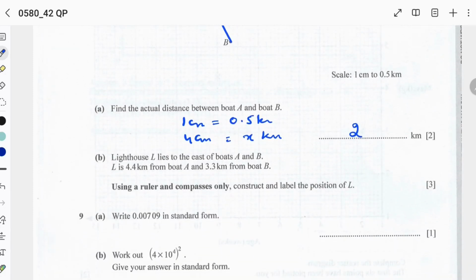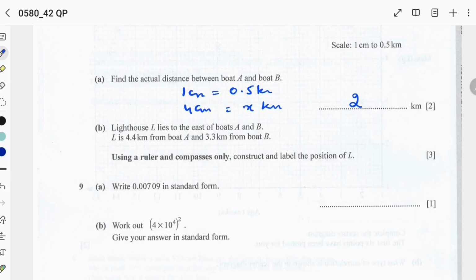The next part, the lighthouse L lies to the east of the boat A. L is 4.4 kilometers from boat A and 3.3 kilometers from B. Use a ruler and compass only to construct and label the position of L. First, calculate the values in centimeters.